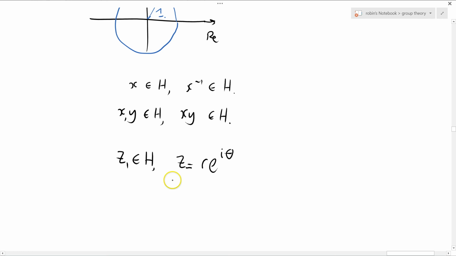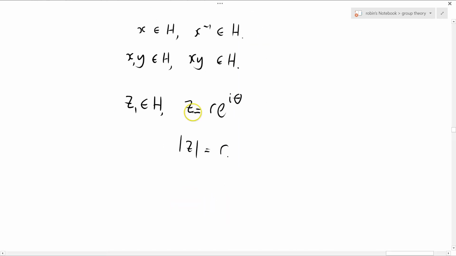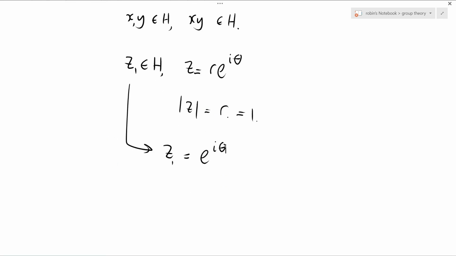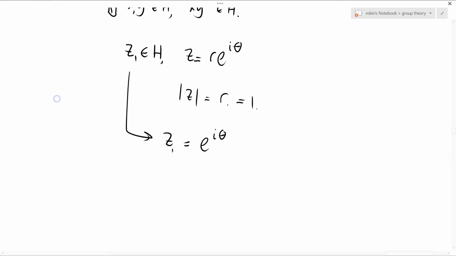But of course, we know that the modulus of Z equals just the radius R, and because we're considering just complex numbers with a modulus of 1, we know that R equals 1. And so if Z1 is in H, that must be of the form e to the i theta, because I've got R equals 1 there. So what have I got to show? I've got to show these two conditions are met here.